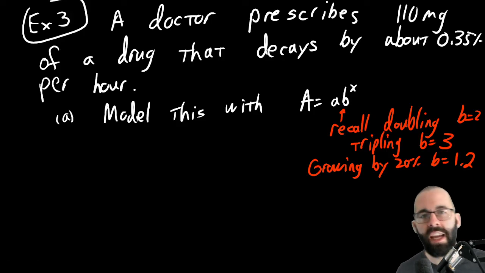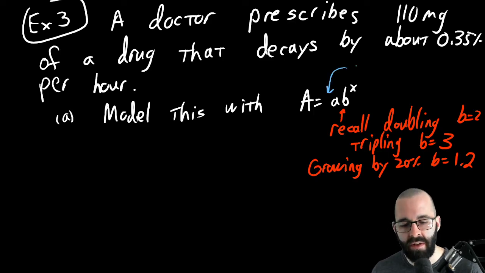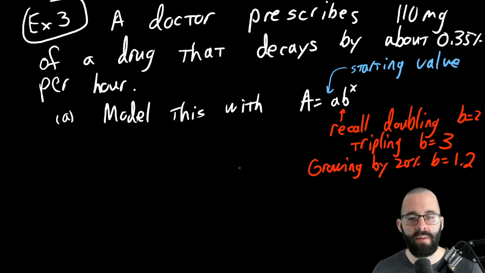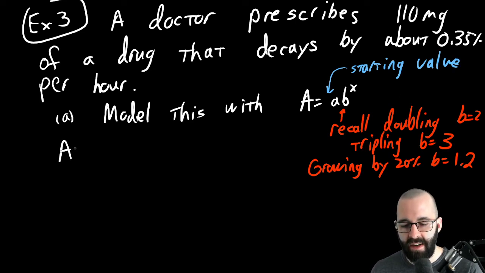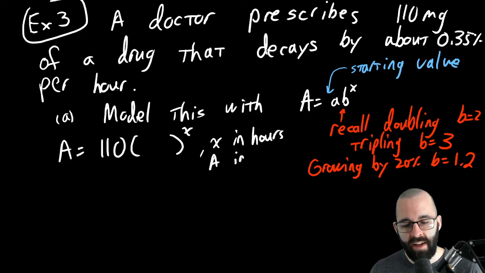But now we're decaying by 35%. What's B going to be? And also remember that A is our starting value. Think back to 6.1. So this is going to give us that A equals our starting value times B to the X, where X is in hours. And A is in milligrams.